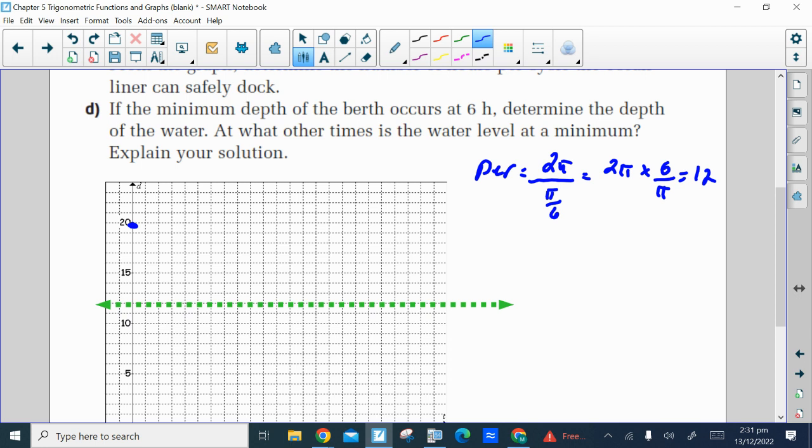So according to this equation, though, our period is 12. So if we count 1, 2, 3, 4, 5, 6, 7, 8, 9, 10, 11, 12, there's the end of our first cycle after 12 hours. And another 12 hours takes us right to the end of the second cycle.